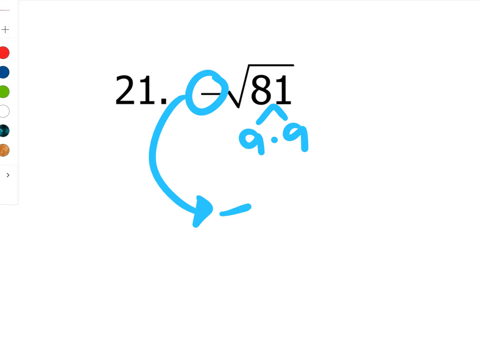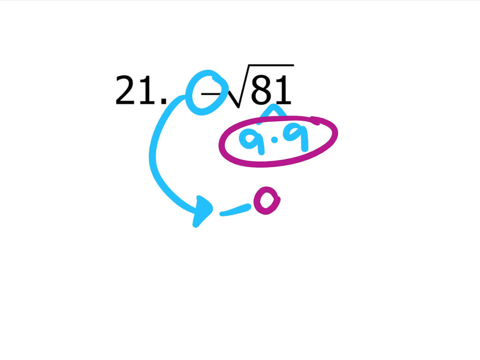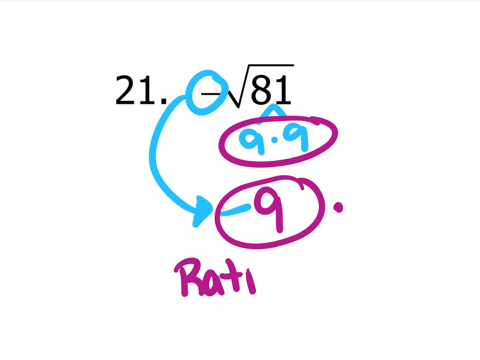Great, we've got 2 pairs. So they're going to come out of the radical, and the 9's going to join with the negative sign. So this is my answer. That's the first thing that's important. The square root disappeared, so it is rational. So I'm also going to pick rational as part of my answer. So those 2 things.